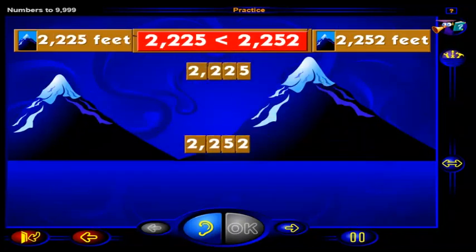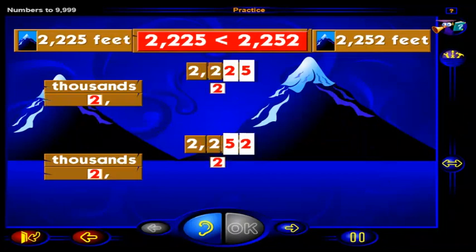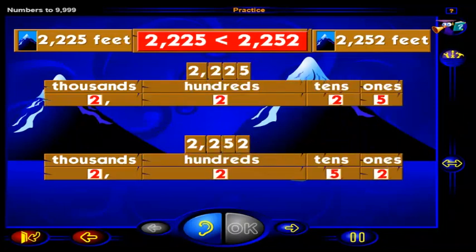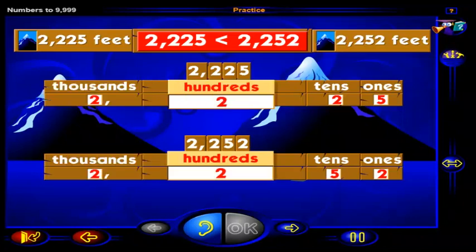Both of these numbers have 4 digits, so they have 4 places: thousands, hundreds, tens, and ones. In each of these numbers, the digit in the thousands place is the same, and the digit in the hundreds place is the same.